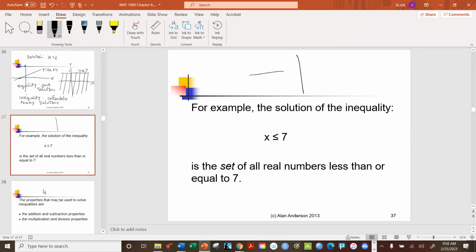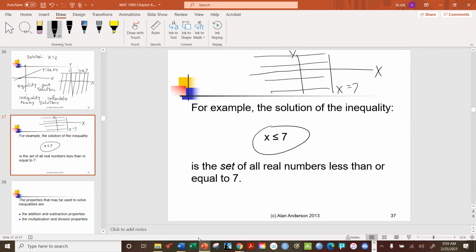That represents this line, x equals 7, and everything to the left of it. Anything, so x could be 6, 5, negative 100. It's a set that contains every value up to 7. So in fact, you could write it like this.